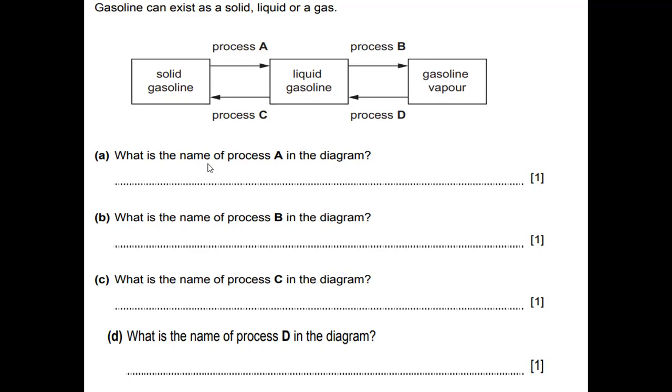Let's read the first question. What is the name of the process A in the diagram? Process A, which is this one, from solid into liquid. So what do you think, what is the name of this process? Is it called freezing, or is it called melting process? Okay, the slide has been frozen.